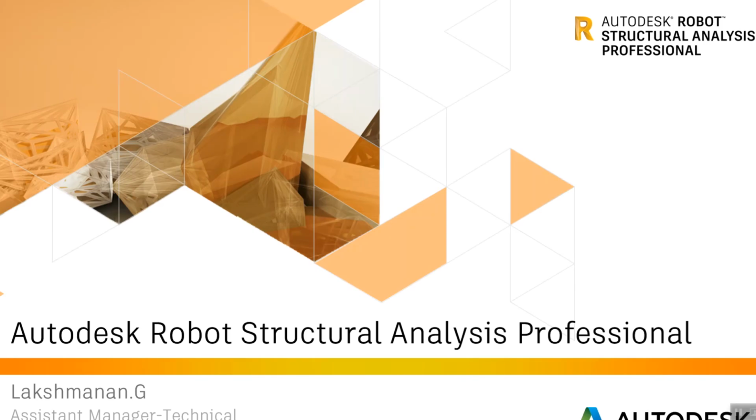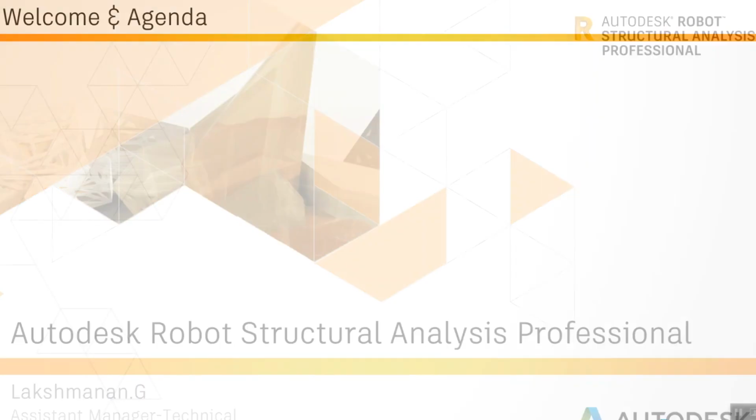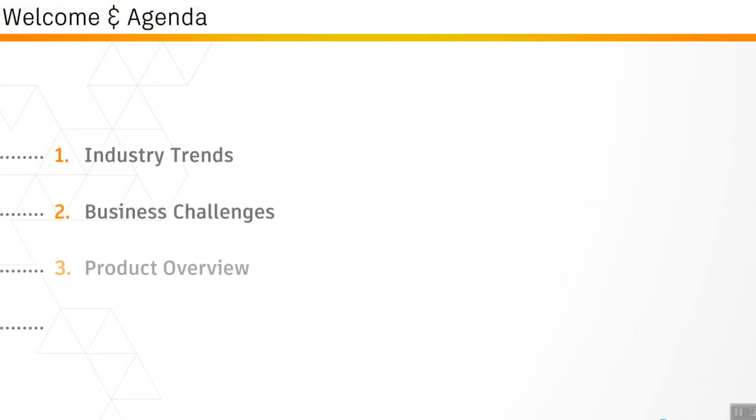It's Autodesk Robot Structural Analysis Professional. What's our agenda today? What all are we going to see in today's session? The first one is industry trends. Our goal today is to help you understand how Autodesk Robot Structural Analysis Professional software can help you meet your business challenges.